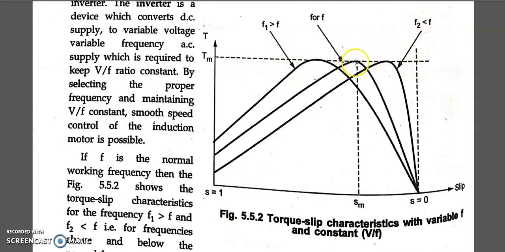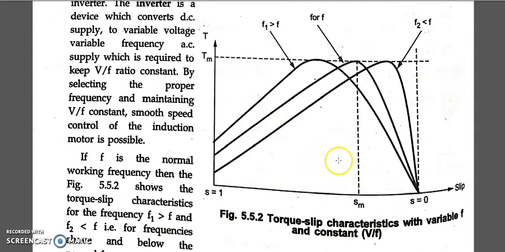You can see my maximum slip was here for normal frequency, but when I increase the frequency from F to F1, the maximum slip was reduced. If I decrease the frequency to F2, lesser than F, the maximum slip increased.